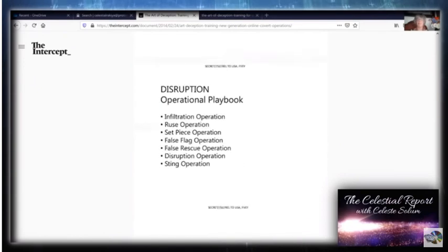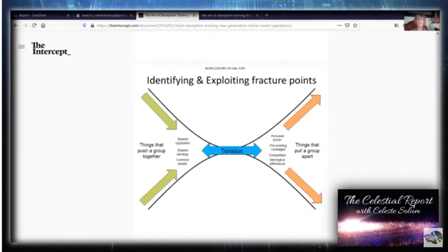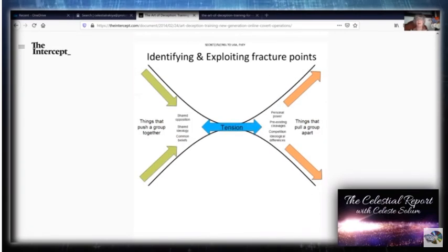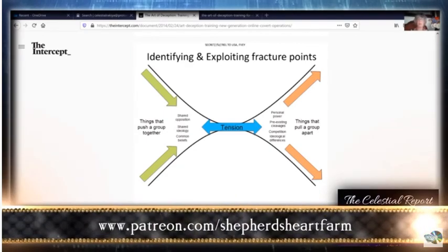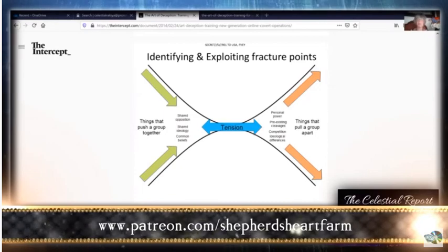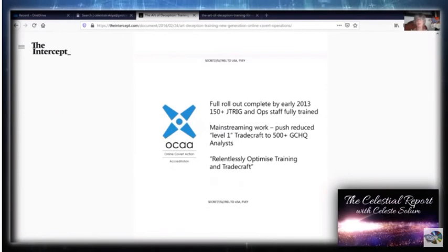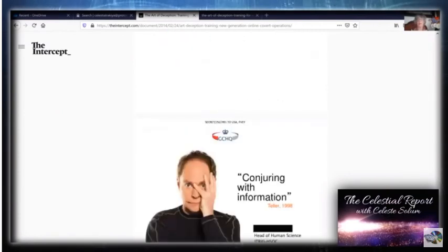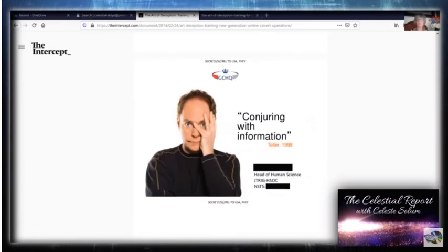And then we're back to the disruption operational playbook and this tension, and pulling apart certain groups of people while at the same time pushing certain groups of people together. And that is what we're seeing happen right now. And it was fully rolled out in 2013. And they are basically conjuring with information, which is witchcraft.